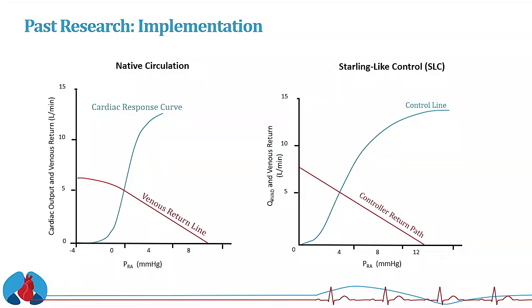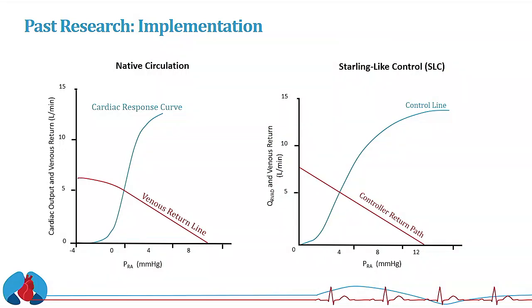And then what we can also see is this line here shows that in a steady state, the pressure returning to the heart is driven by the right atrial pressure. So basically, by using these 2 lines, you can predict at this point right before the heart contracts how much blood it's going to push out. So that's the native heart, and then we just emulated it for a controller.